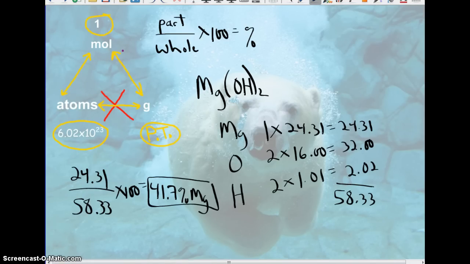I'll do one more. How about for oxygen? So we're going to take the part here divided by the whole. So I'll take 32.00 divided by 58.33 times 100. Do that along with me on your calculator.